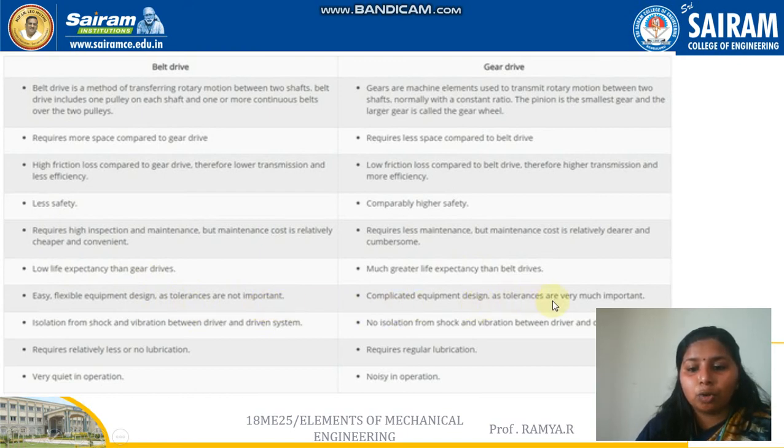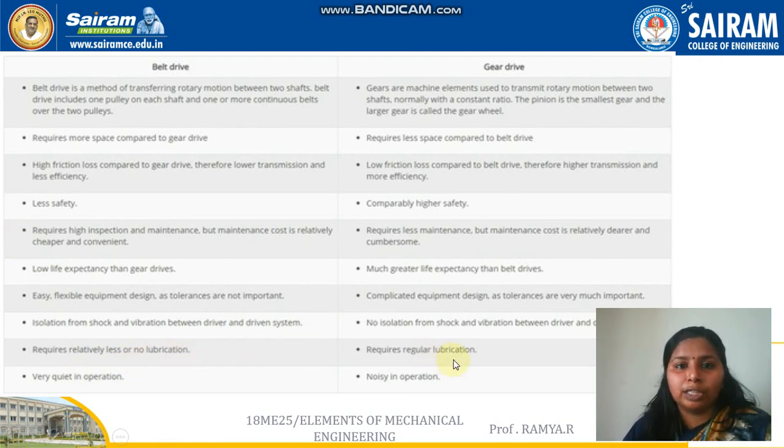Gear drive has a complicated design, as tolerances are very much important. Belt drive gives isolation from shock and absorption between driver and driven, whereas in a gear drive it cannot be isolated. A belt drive requires relatively less or no lubrication. A gear drive requires regular lubrication in order to avoid friction between two gears. A belt drive is very quiet in operation, and a gear drive is noisy in operation.